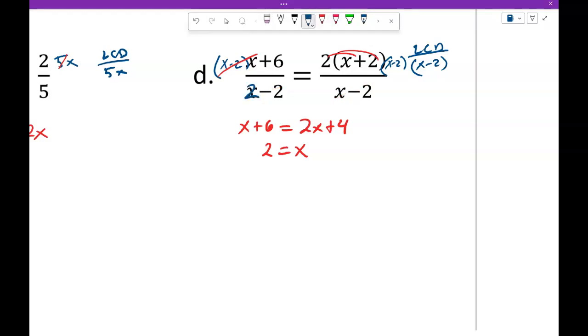Now, if we plug 2 back into our denominators, we see that it causes both of these to be 0, which would be undefined. Therefore, this is an extraneous solution. And since there are no other solutions left, we are left with no solution.